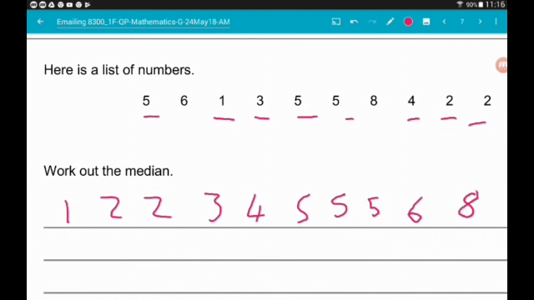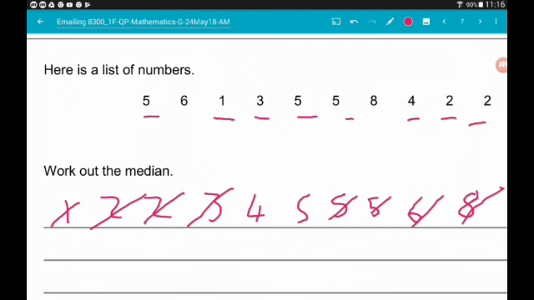Okay, so now we can cross off 1 from the left, 1 from the right. Keep going till we get down to the middle. Okay, so at this point we're left with 4 and 5 in the middle.